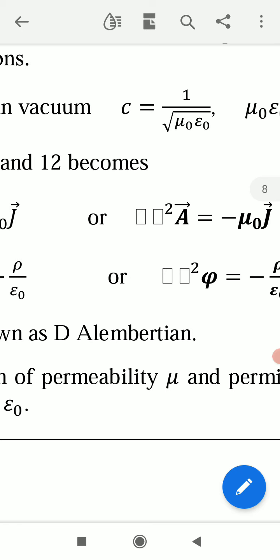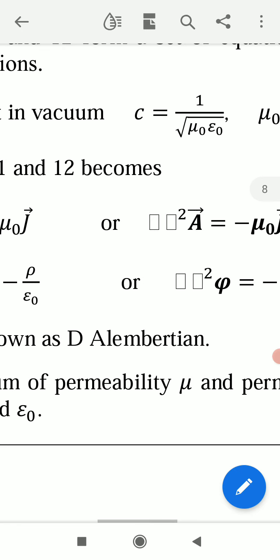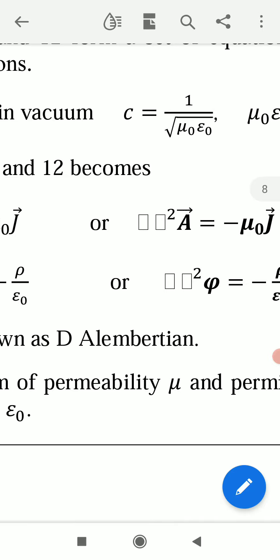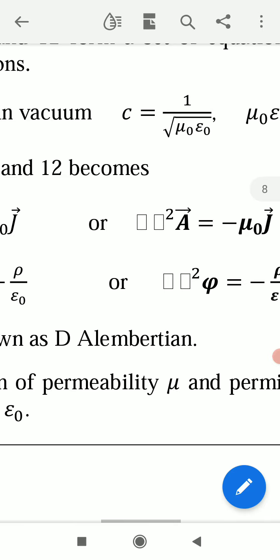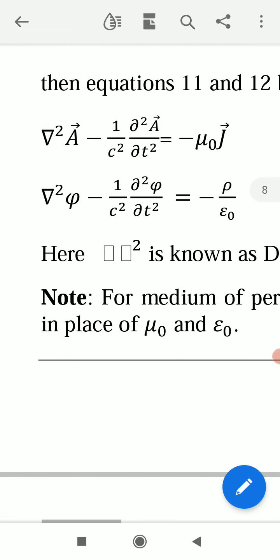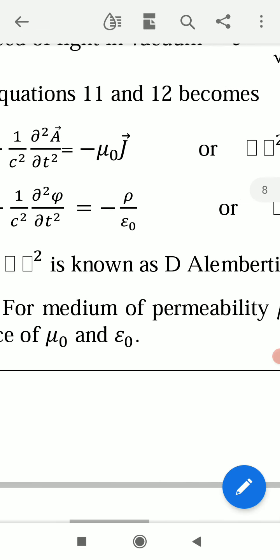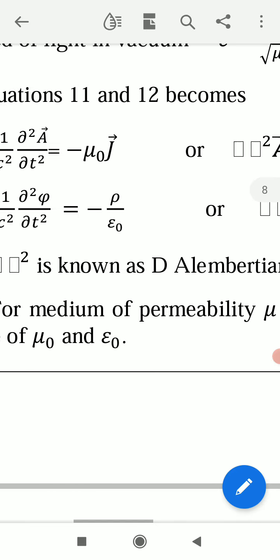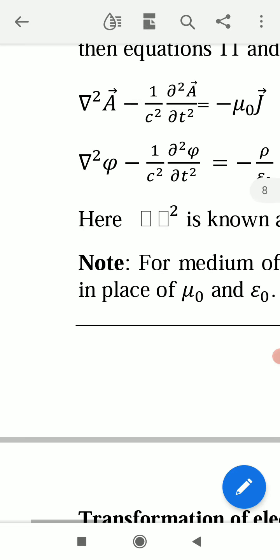Here the D'Alembertian is this rectangle symbol. So this del square is known as D'Alembertian.